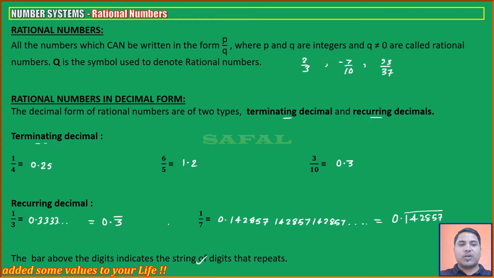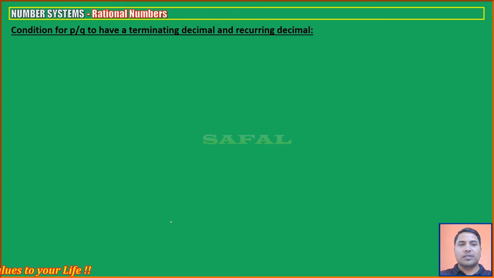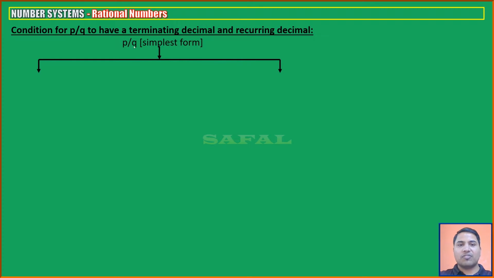Now we'll try to understand, if we have the p by q form, how should we know whether the rational number will have a terminating decimal or recurring decimal? First, make sure the number p by q is in simplest form. Once you do that, find the prime factors of the denominator, that is q.